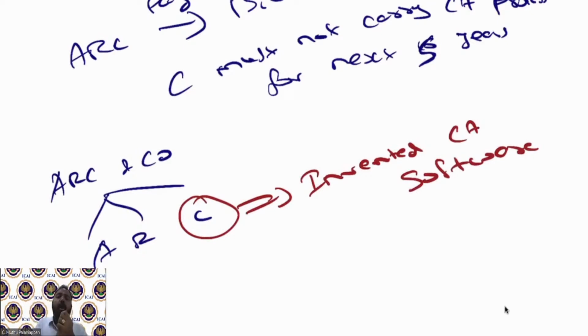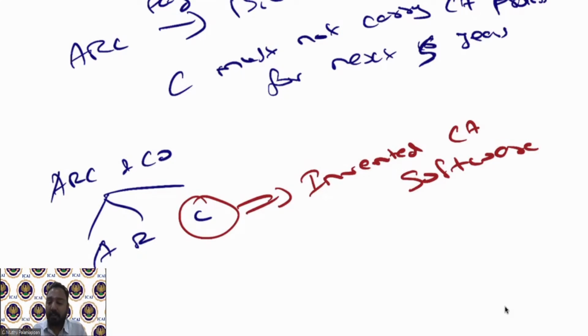Of course, you will know when you join articles or when you start working in a CA firm, you will know about the CA software. Now, in our example, this C has designed a new CA software, which is much more useful than many other existing products in the market. Now, ARC and Co feels, what if C resigns, goes out and starts selling the software on its own? What happens?